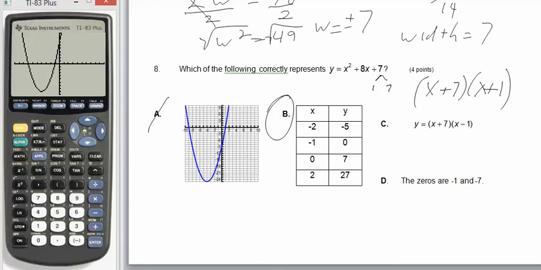So actually, that is correct as well. Unless some people are real picky about the 0 thing, so they would say that the zeros are negative 1, 0, and negative 7, 0. That you have to write out zeros as points, but I don't necessarily do that. So it would be B or D. All right, that's it on this one.